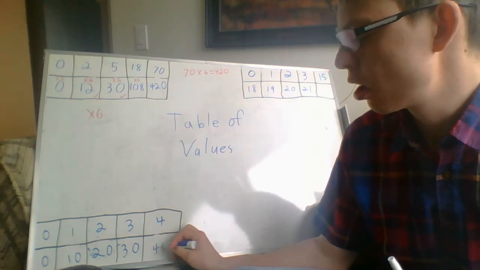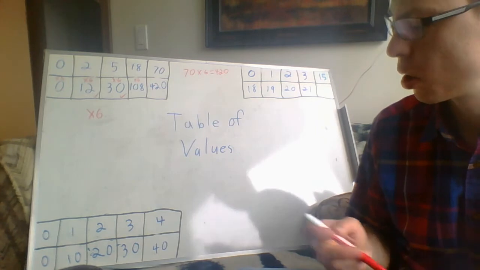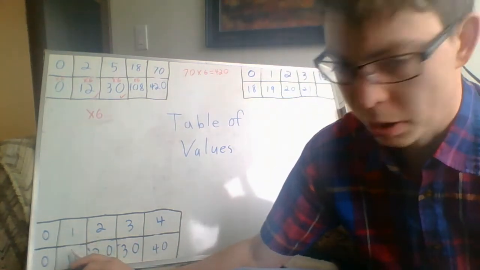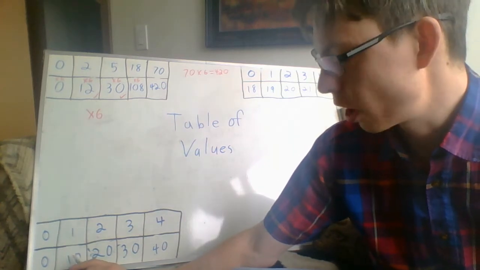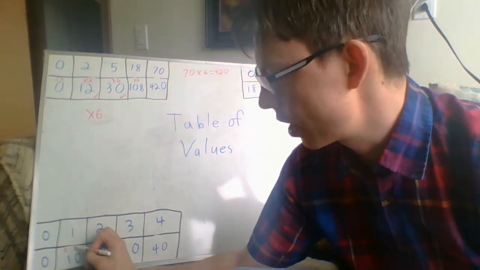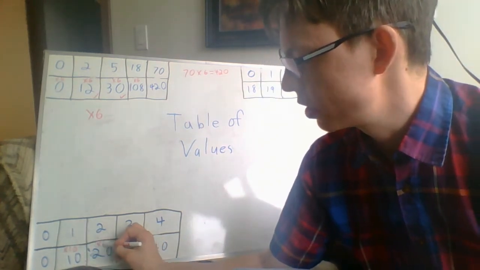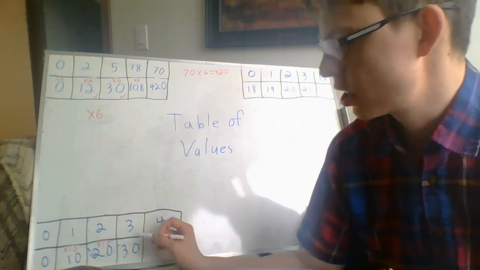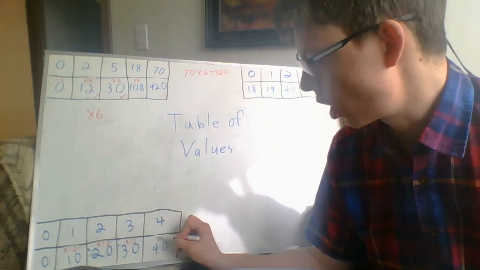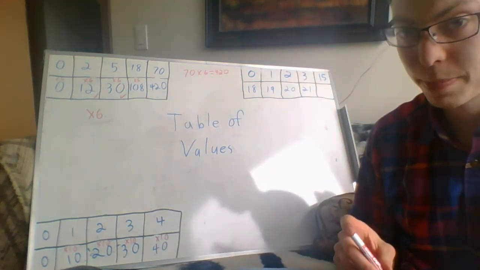But that's good. But we need to understand what we actually did there. What is the relationship? 1 multiplied or adding what equals 10? We're actually multiplying by 10 to get 10. 2 multiplied by 10 gives us 20. 3 multiplied by 10. So we can see our relationship here is multiplying by 10.